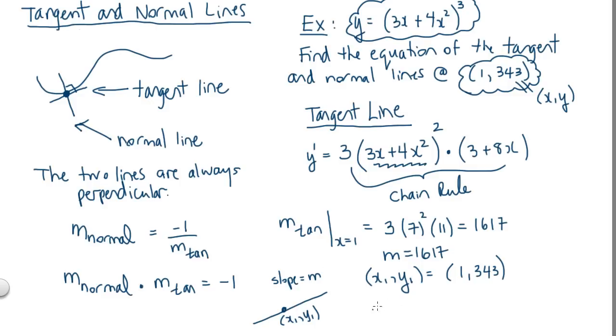The formula we want to remember here is that y minus y1 is equal to m times (x minus x1). There might be other formulas for a line that stick in your mind, but this particular formula is the one that you want to use when you know the slope and when you're given a point on the line. So let's try plugging these two values into this equation, and we can start to figure out the equation of our tangent line.